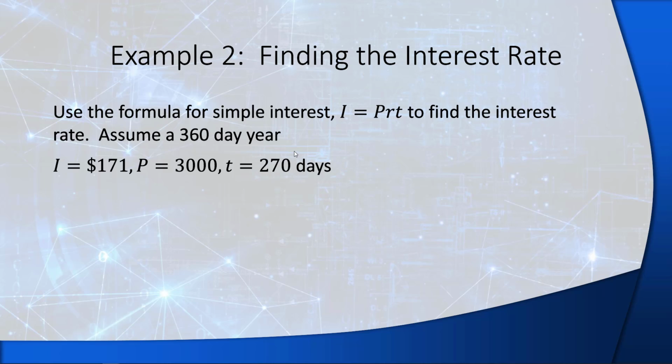Now, sometimes you will need to figure out what the interest rate is. And in this particular example, we want to use the formula for simple interest to find the interest rate, assuming that 360 days equals 1 year. Okay, well, we have I, we have P, we have T, but T is in days. We're going to need to convert that to years. So T is equal to 270 days times 1 year over 360 days.